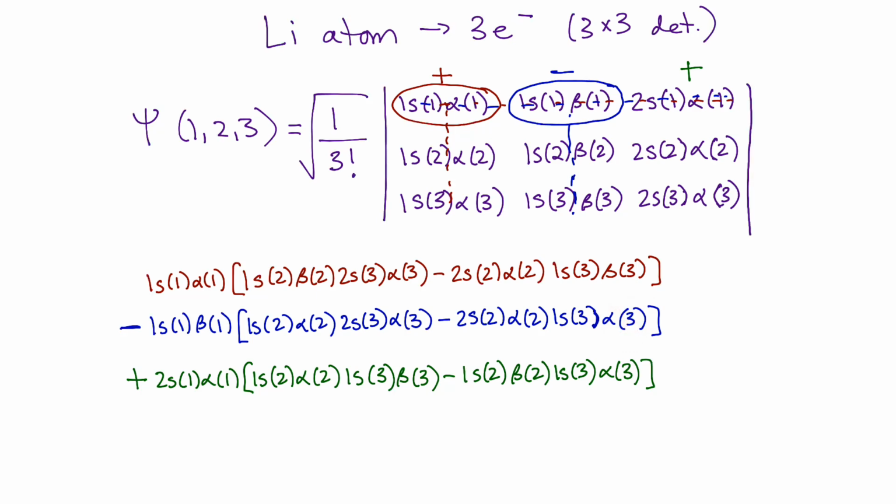Okay, and then for our third one, once again we change the sign. Okay, so remember we're back to positive, so we get the positive here, and then our third term goes out in front here.